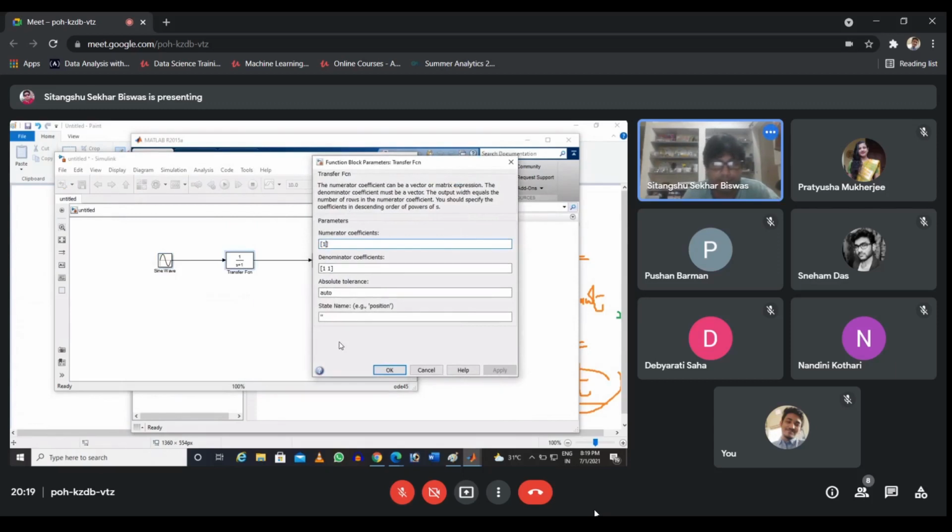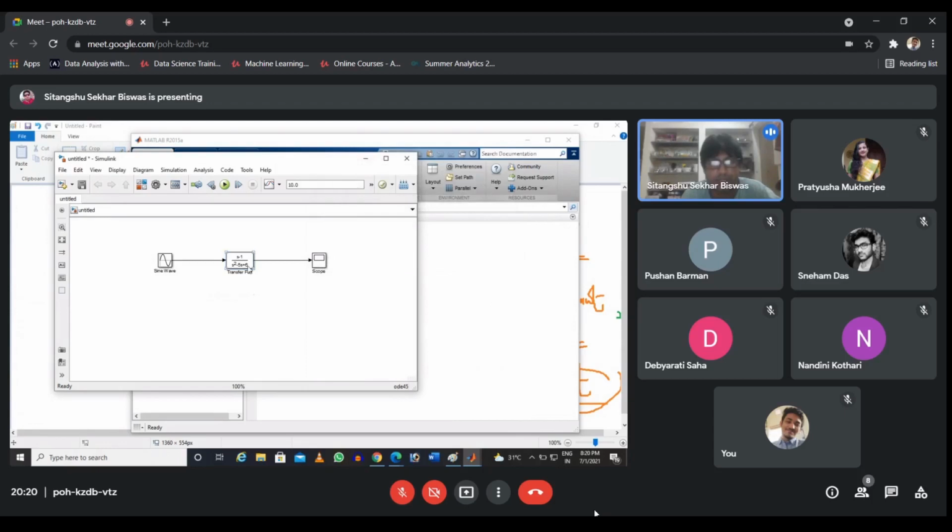So the numerator is s minus 1, that means [1 -1], and the denominator is, say, s square minus 5s plus 6. So the notation will be like this only.